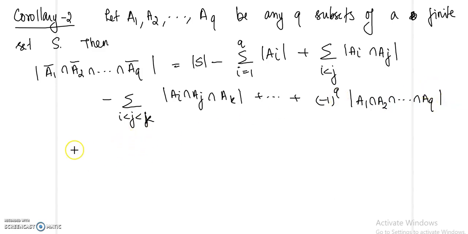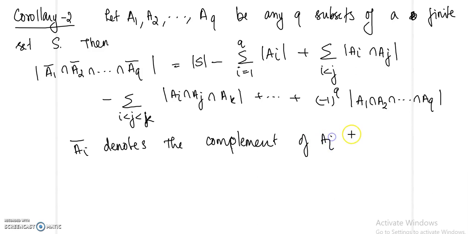So here Ai bar denotes the complement of Ai in S. So that is the second corollary.